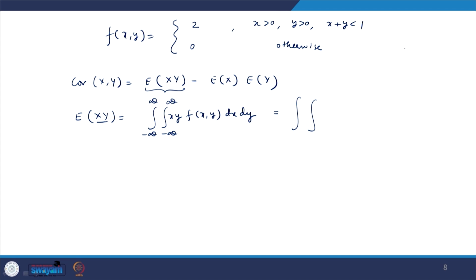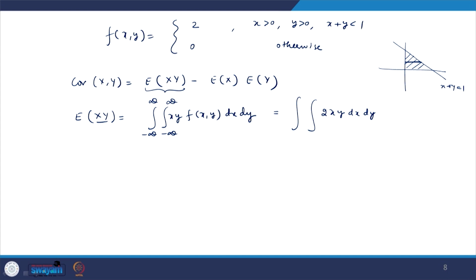So, what is this range? This is x plus y less than 1, this is the line x plus y equal to 1, and x and y greater than or equal to 0 means this area. So, if we take x y and f is 2, suppose we take dx dy. So, we take a strip parallel to the x axis.